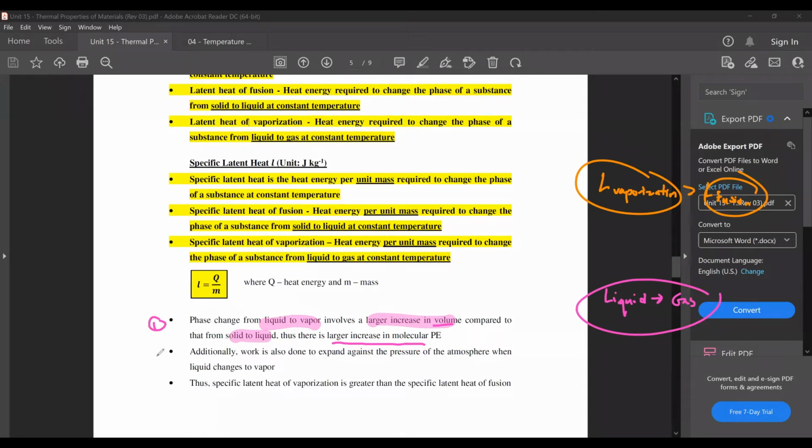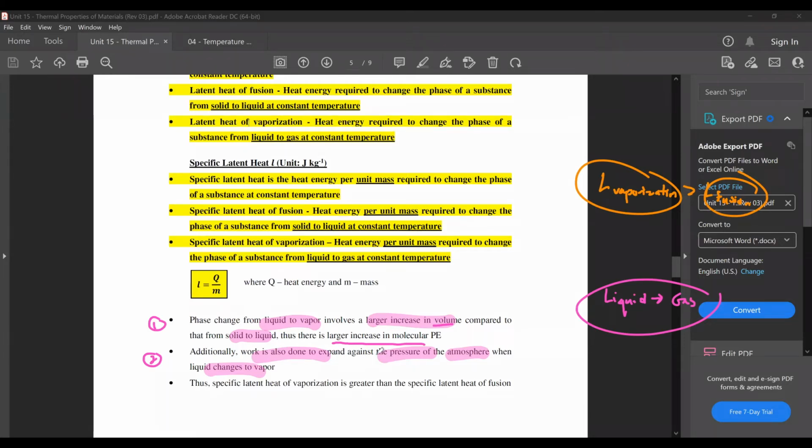Another thing you can talk about is that when your liquid changes to gas, the gas has to expand against the pressure of the atmosphere. So this involves doing more work. Your gas needs to do more work here. It has to take energy from something, which in your case comes from the heat.